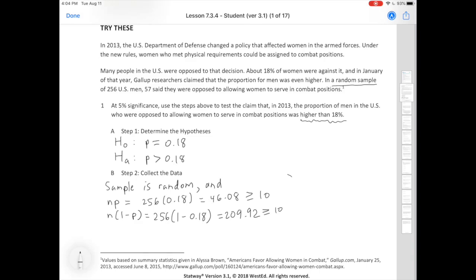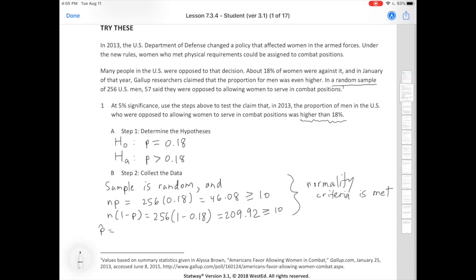So this means the normality criteria is met. Okay, so next, let's go ahead and write down our p hat. Remember, p hat is the sample proportion, right?